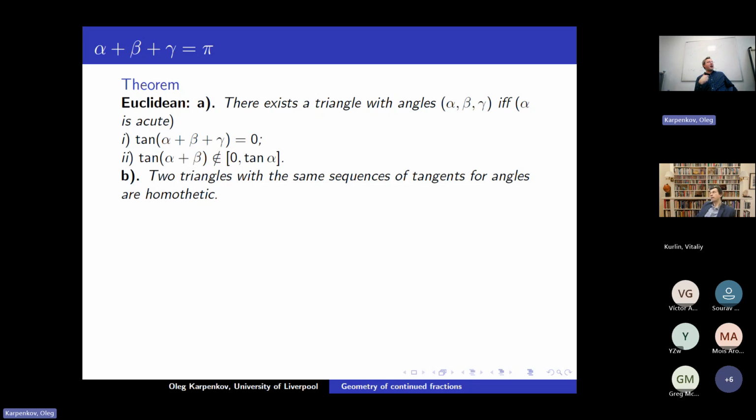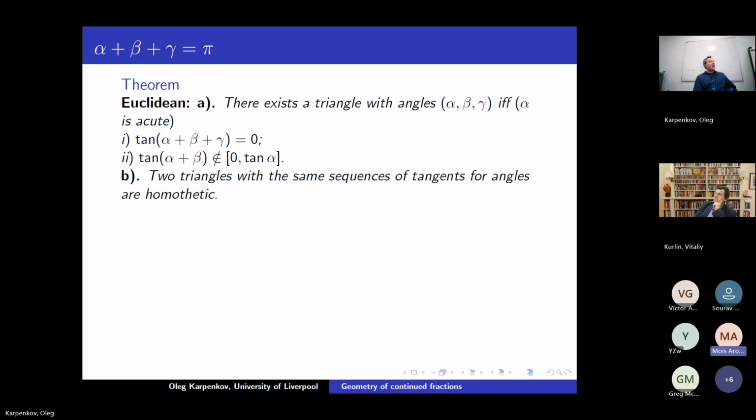The sum could be either pi or 2 pi. You can construct the whole loop there, right? So you're assuming angles from 0 to 2 pi, of course. So you can make 2 pi, and this is not a triangle. Then you have the second ugly condition, that tangent of alpha plus beta doesn't belong to 0, tangent alpha. This will kill the second condition, so this will kill 2 pi.